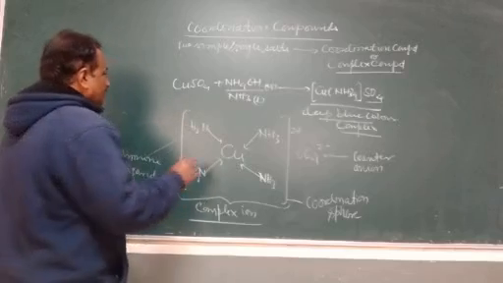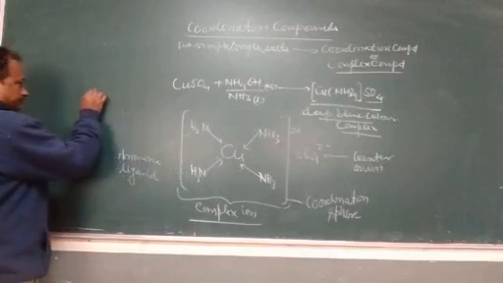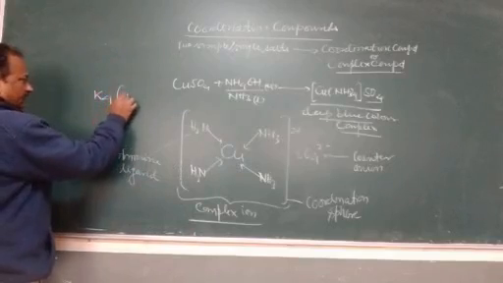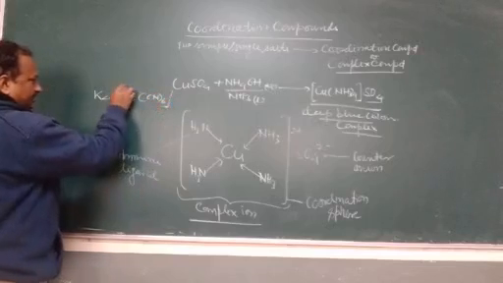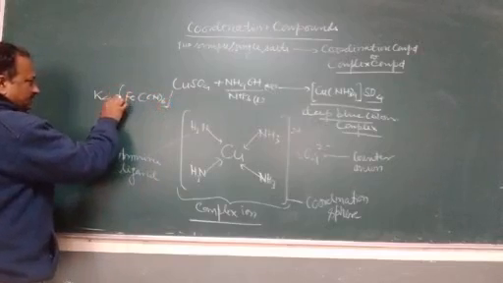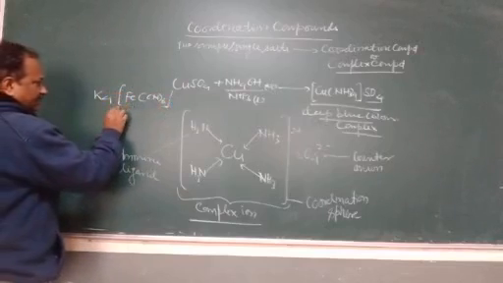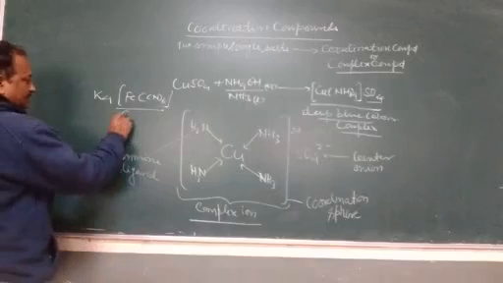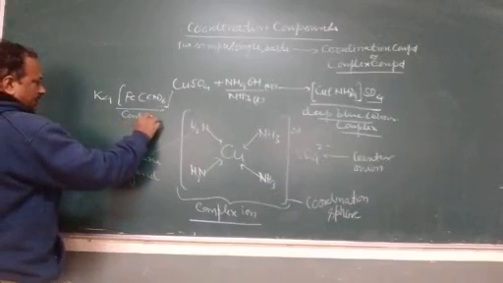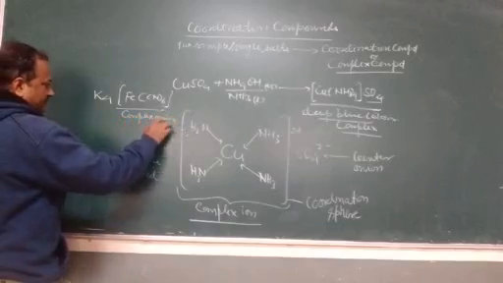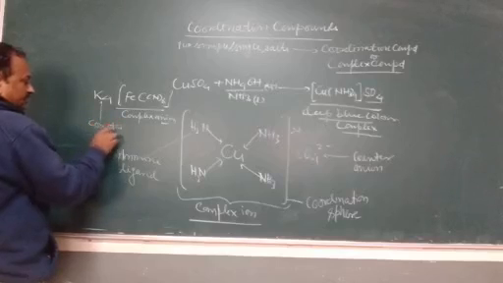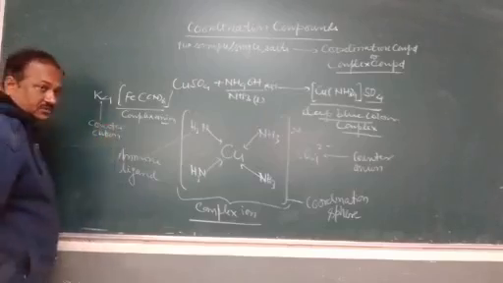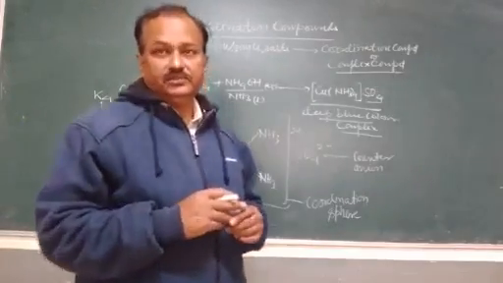Like another example, FeCN6 is a complex anion. This potassium is the counter cation. So there can be variation in both ways.